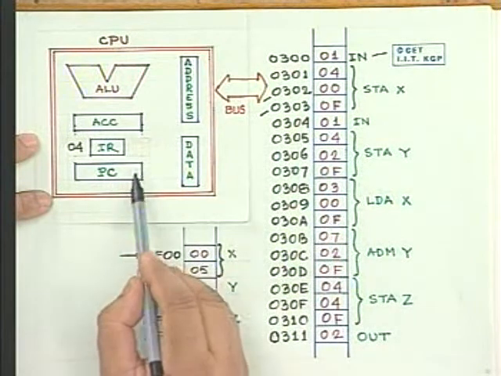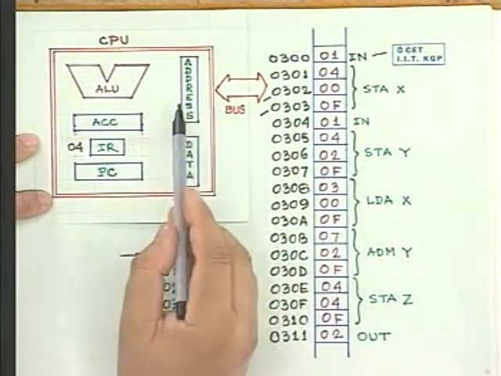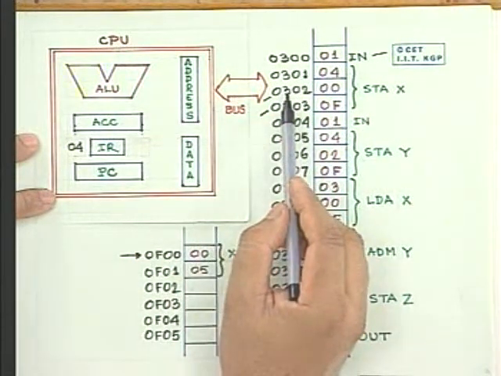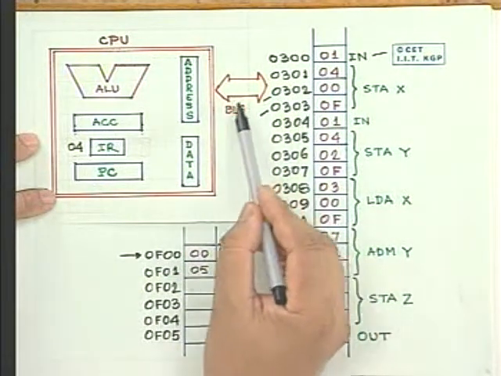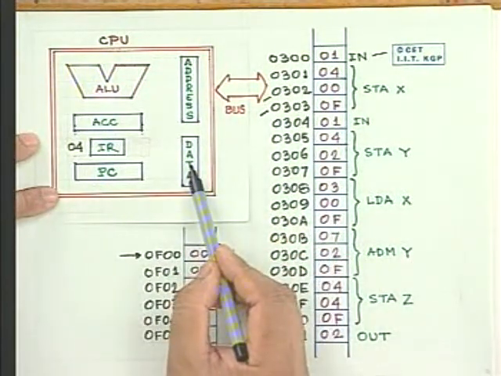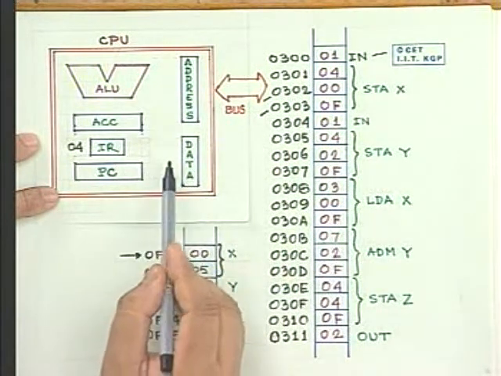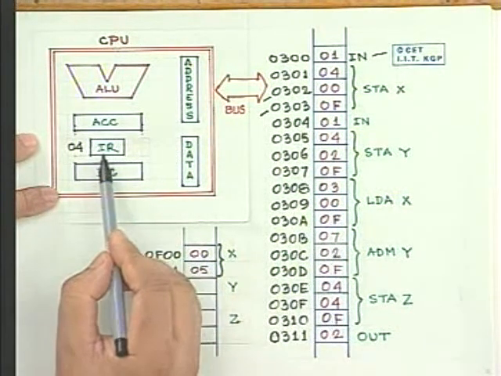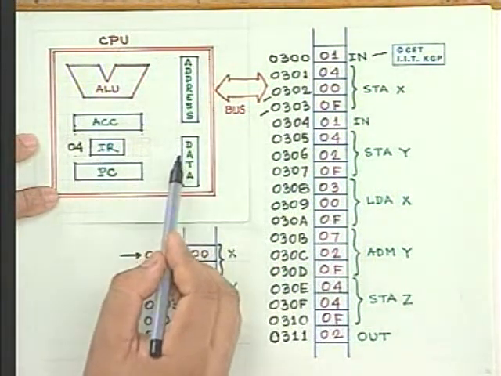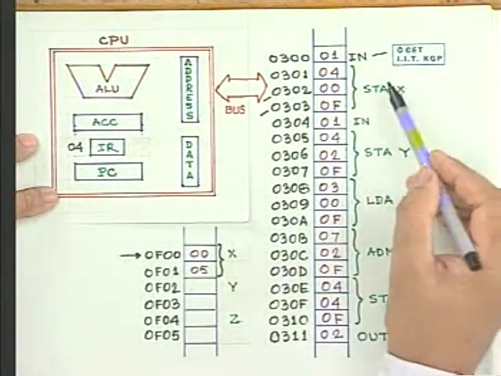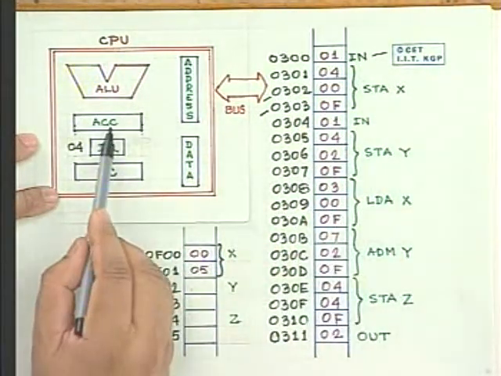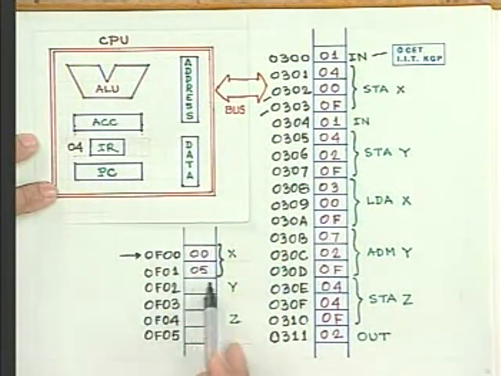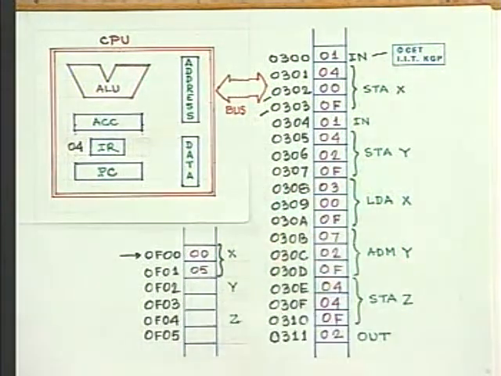The content of the program counter will be sent to the address buffer. That address buffer will point to the memory location. The content of that memory location will come into the data register, and from the data register it will go either into the instruction register, as I have said in the case of an instruction fetch, or into the accumulator if I am executing, say, an IN instruction, or the content of the accumulator will go into the proper memory location as the instruction dictates.